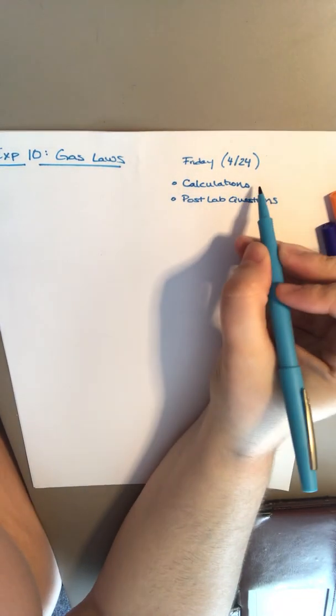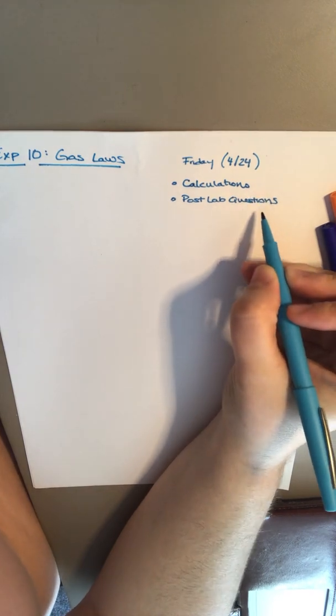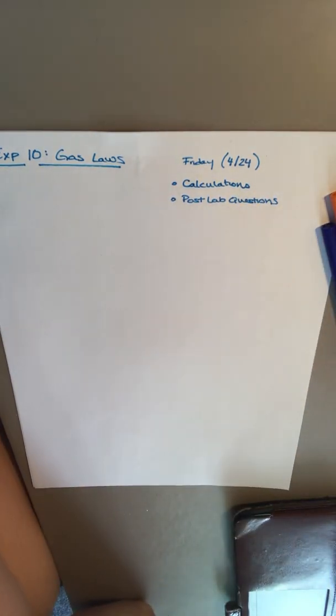Those are the 2 things that we need you to do. So if you could submit those as your post-lab, that's fantastic. Just to review, this means that you do not have to do the introduction, the protocol, the results discussion, any of that. We just need your calculations and your post-lab questions.